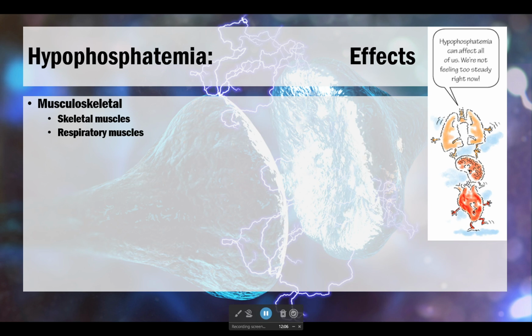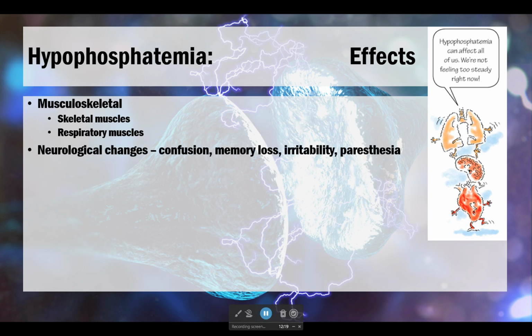So, some of the effects of hypophosphatemia. Musculoskeletal issues are one of the early symptoms that show up, particularly in skeletal muscles and respiratory muscles. So we may see weakness, balance issues, or gait disturbances.